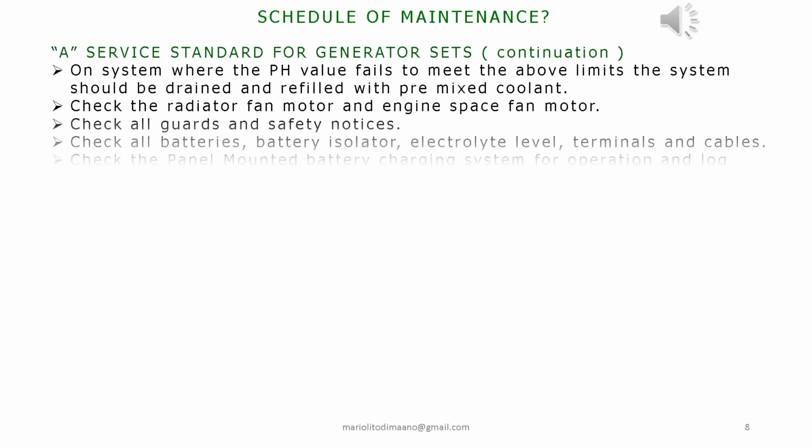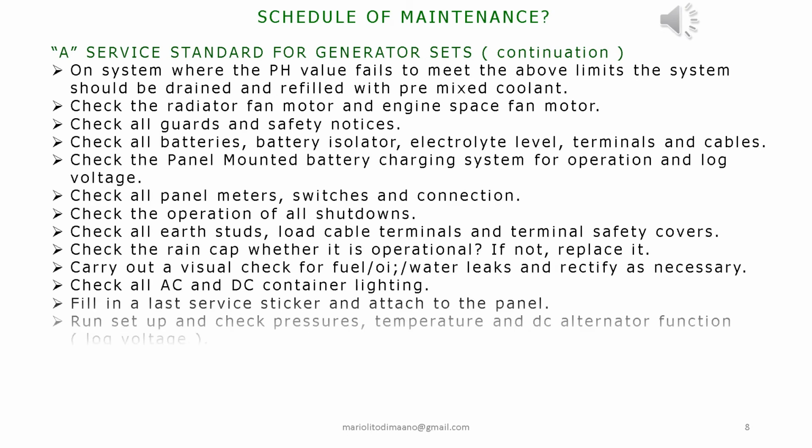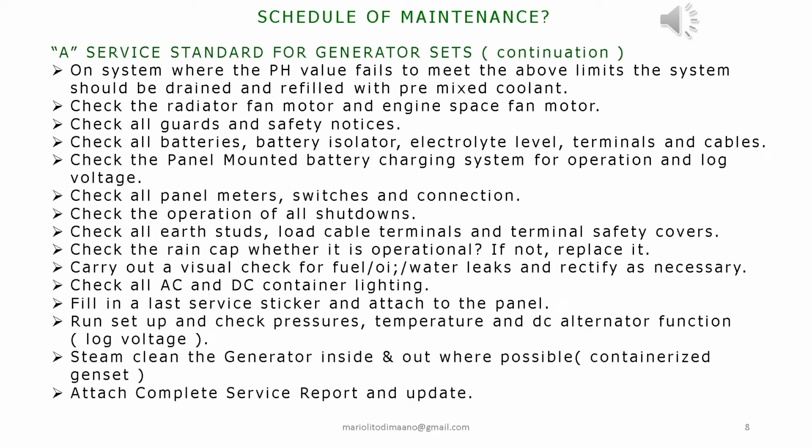Schedule of maintenance. A service standard for generator sets, continuation. 1. On systems where the pH value fails to meet the above limits, the system should be drained and refilled with pre-mixed coolant. 2. Check the radiator fan motor and engine space fan motor. 3.